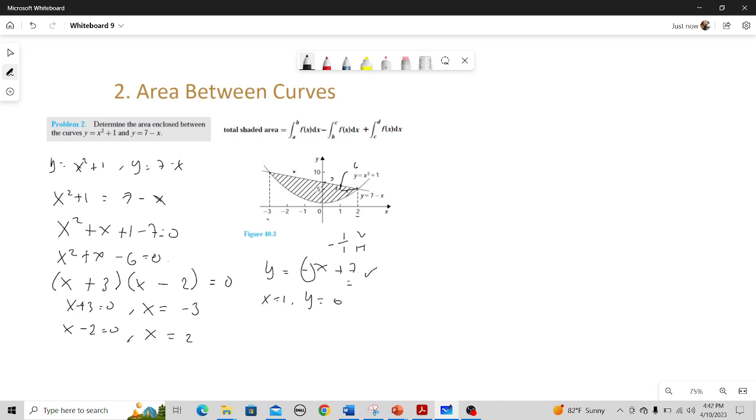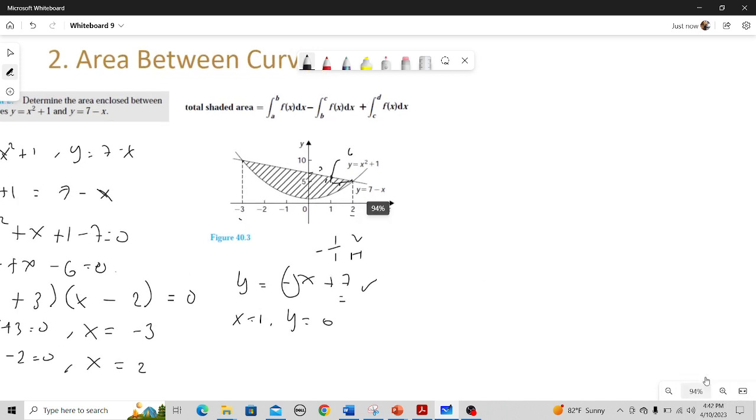Okay, so from here, let us now compute the area. Let me introduce a differential strip. This is dx, and this height is y, with this one y1 and this one y2.